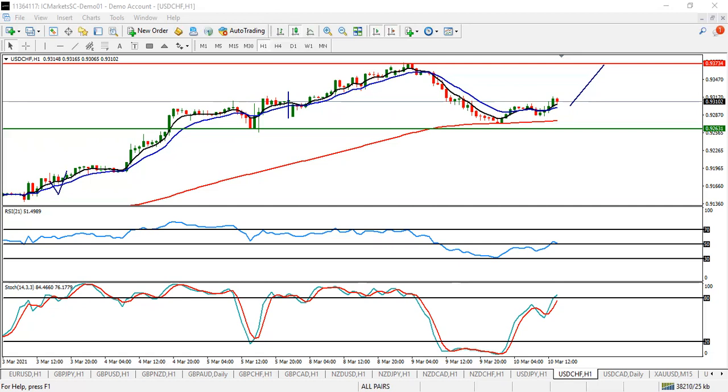Our strong pair for the remaining of the week, according to this analysis, are CAD, Canadian dollars, and US dollars. We're expecting these two to go strong. So these are the pairs we can spot right now.